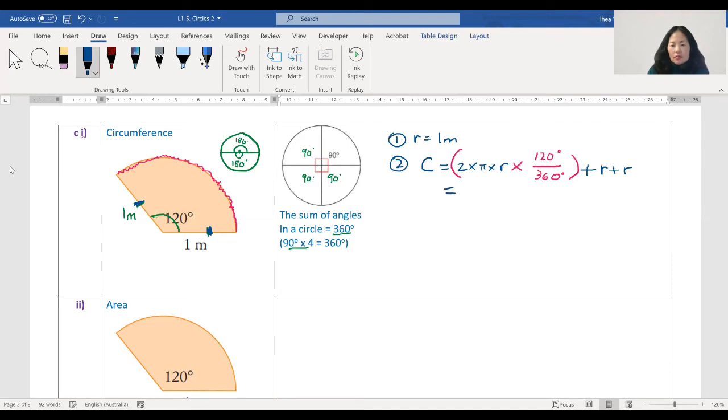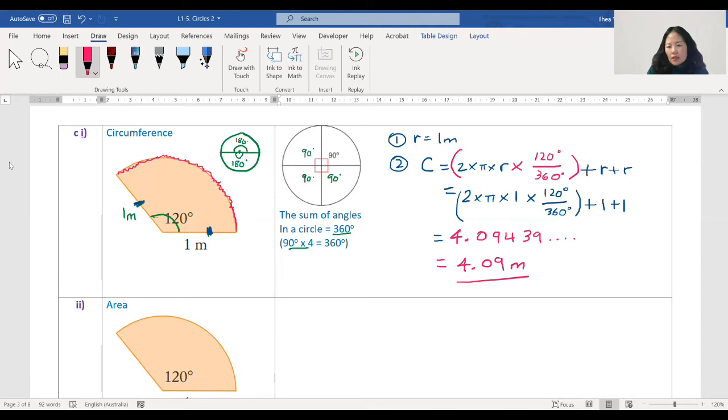So let's have a look. 2 times pi times 1, because the radius is 1, 120 degrees out of 360 degrees, plus 1 plus 1. Now put all that in your calculator. What I will get is 4.09439... and I want just 2 decimal places.